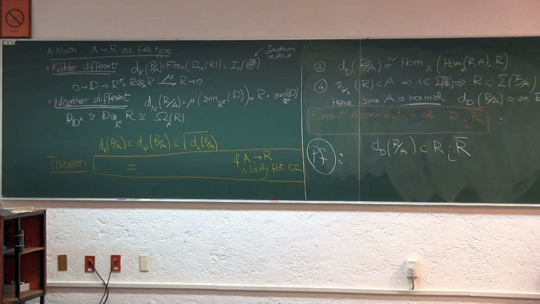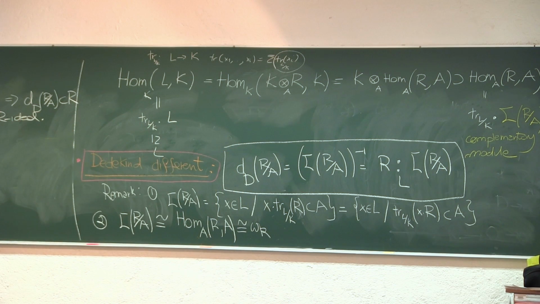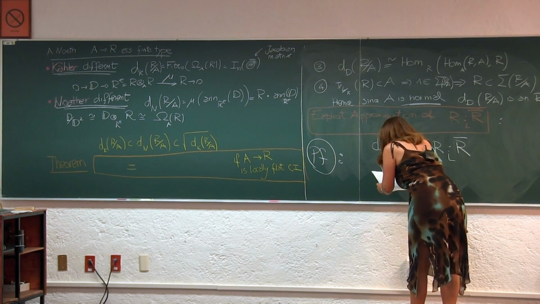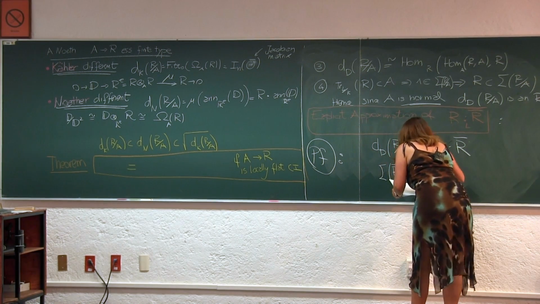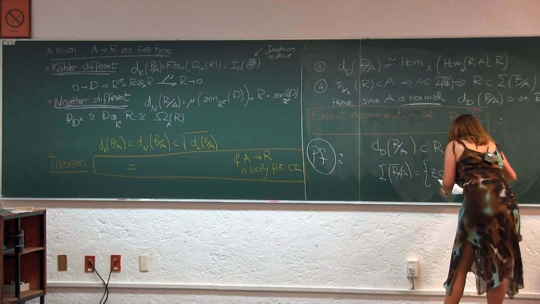This is the integral closure of R, obviously. Okay? So how do we prove that? Actually what we do is consider the same construction, but for R bar.